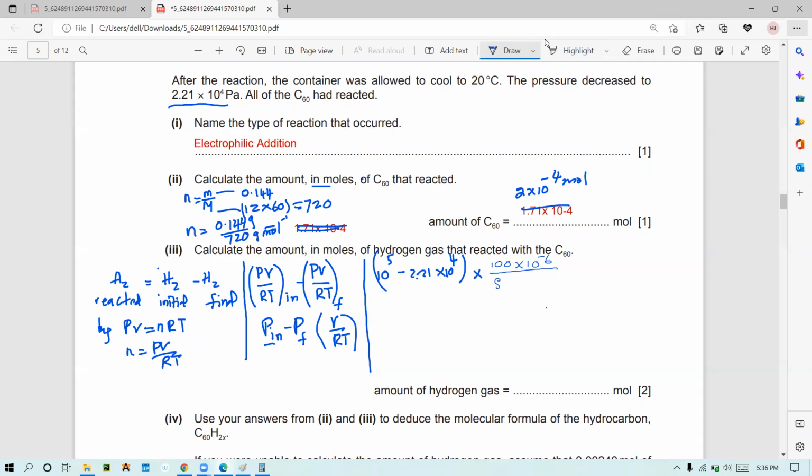R is 8.31 into temperature 293. You will get this value in moles.